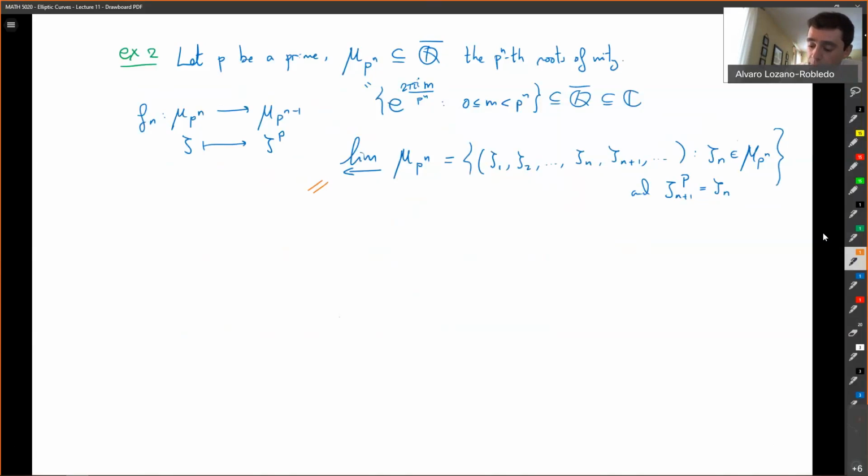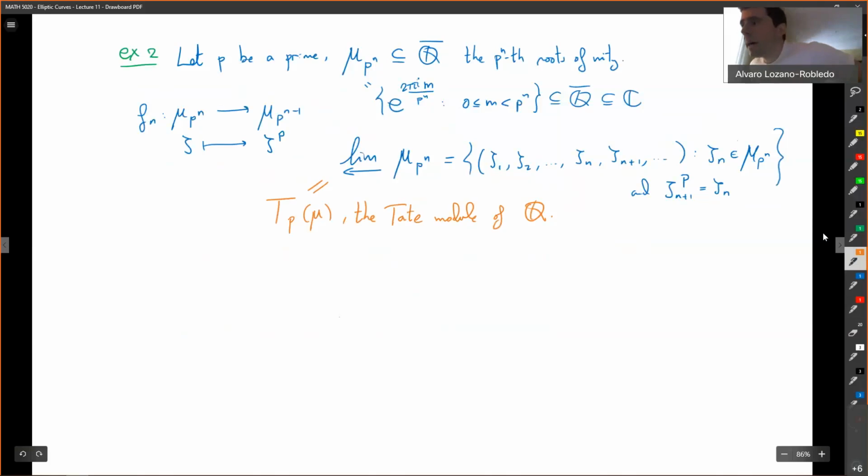It is usually called T_p mu, the Tate module of Q. This is a group itself under coordinate-wise multiplication. We don't have an addition here. You add two roots of unity, it doesn't have to be a root of unity. So the Tate module is a group under multiplication.